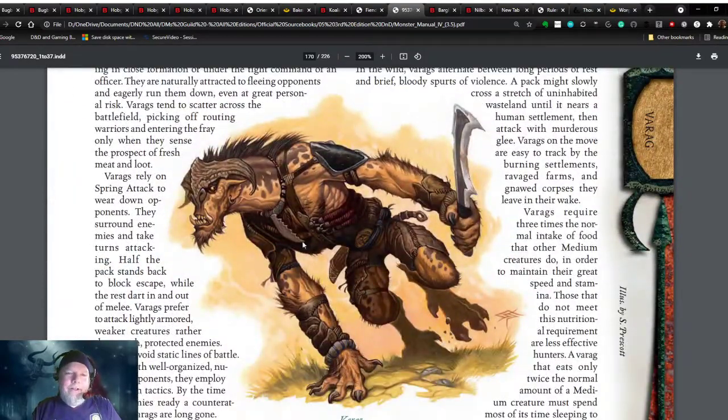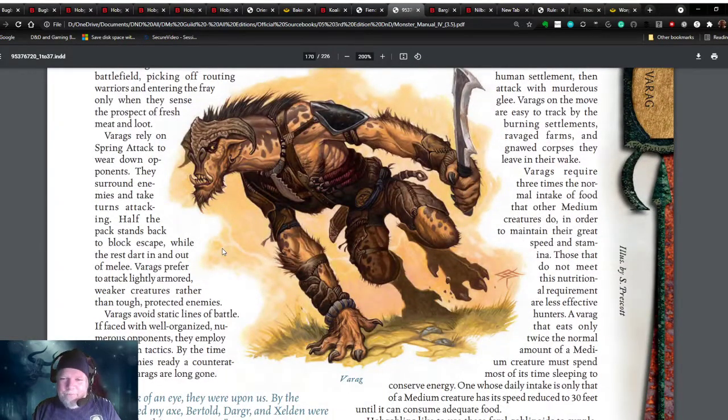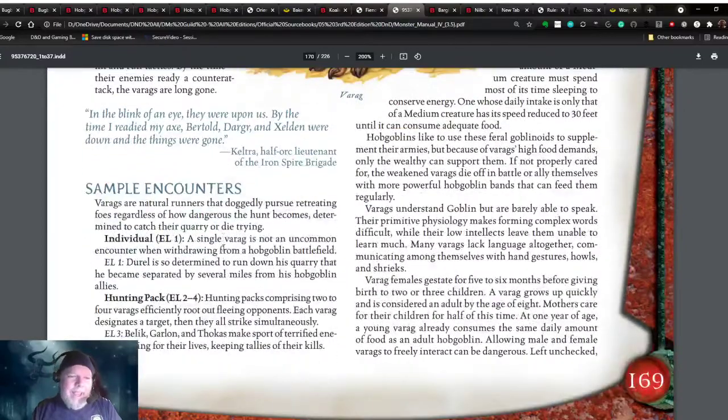And here is a picture of this Varag. You can see it's got this very heavy bony head plate with the two horns that almost look like an Angus or something that stick out to the sides.